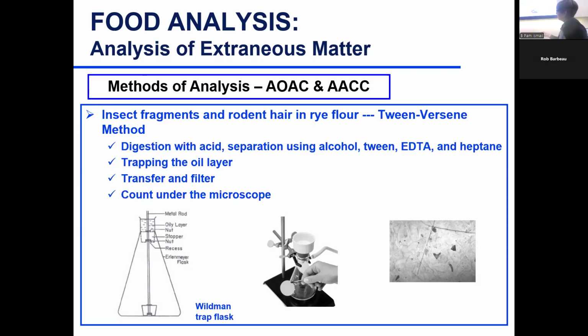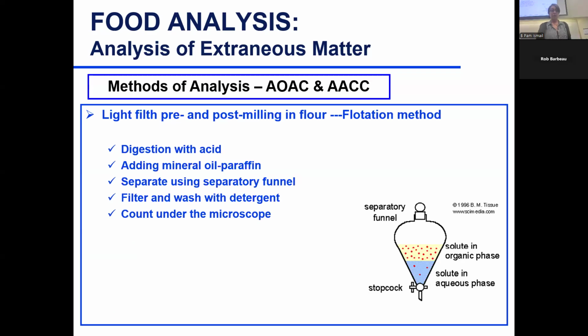So you have a specific fork that you pull up and you trap the oil up here, and you take that oil and you filter and you put whatever fragments under the microscope and you count. You can do the same thing using a separatory funnel. You do acid digestion, you add your reagents and the oil, where you have that filth in the oil, and you separate and you count under the microscope.